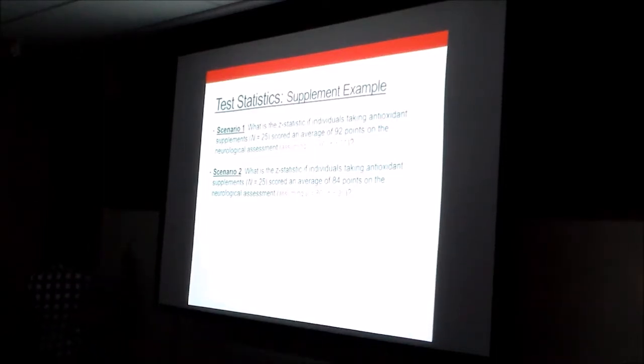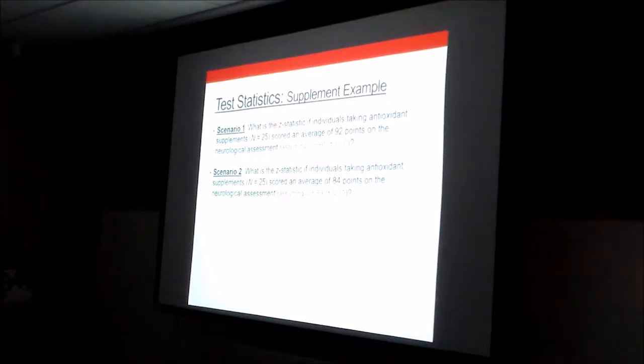That cognitive assessment that we know has a population mean among older adults of 80 and a population standard deviation of 20. We run a sample of older adults, have them take these herbal supplements for 6 months, give them this assessment, and find that they have a mean score of 92, right? So, N is 25, and our mean for our supplements is 92.